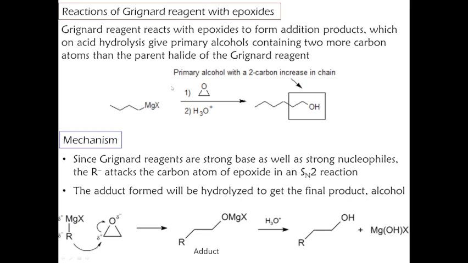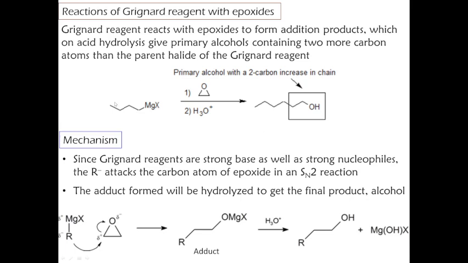MgX is a highly polar group and also a strong nucleophile. So R minus is acting as the nucleophile, and in the final product, once the Grignard reagent reacts with epoxide, two extra carbon atoms can be seen, a scale-up reaction in the alcohol product.